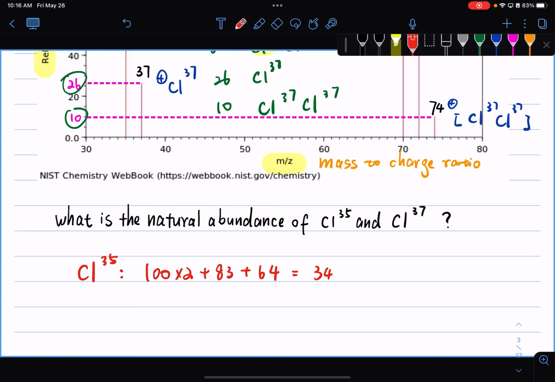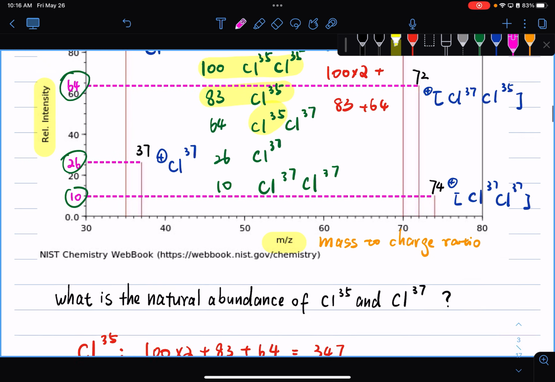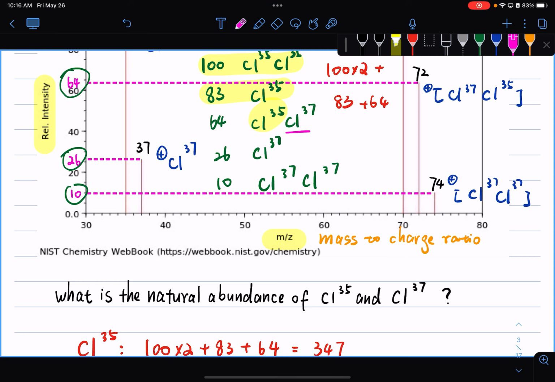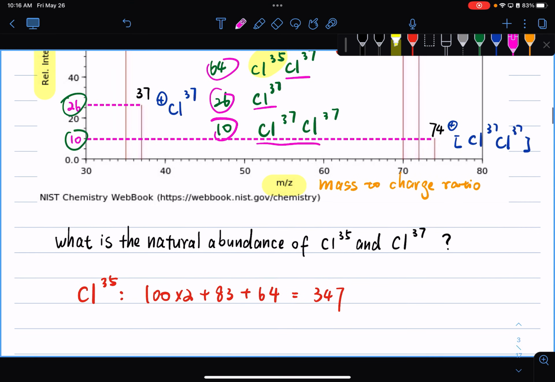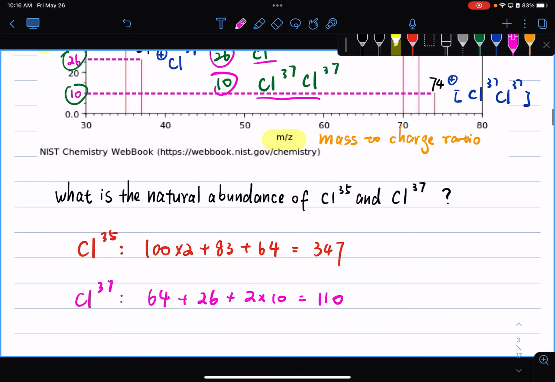That's about 347. And if we're talking about the chlorine 37, so that is 64 plus 26 plus 2 times 10. So that gives you about 110. So you can calculate the percentage of your total chlorine 35 versus the percentage of your total chlorine 37.